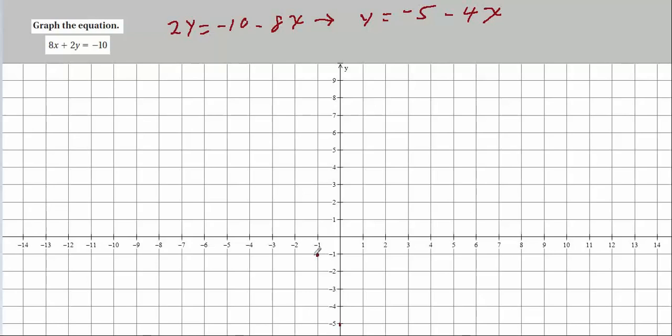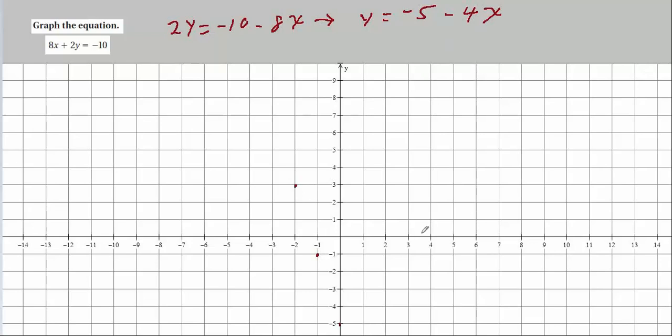When x is minus 2, we get 8 minus 5. That's 3. Notice I started using negative numbers because it's easier. If I went over here to 1, then I get minus 5 minus 4. That's going to be way down here at minus 9.